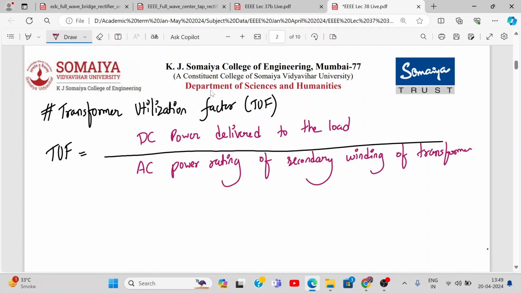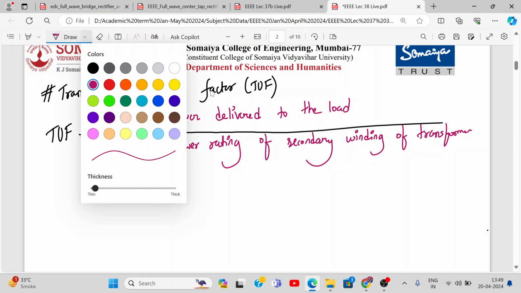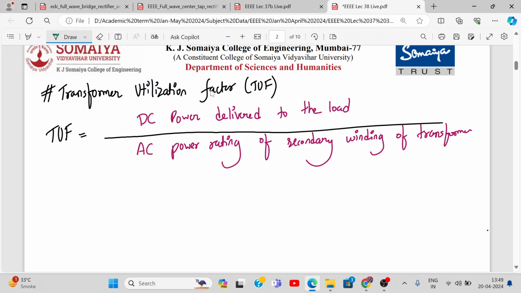All right. So tell me, in all the types of loads, what is the amount of DC power obtained at the output, or DC power delivered to the load? It's actually called PDC. It is DC power delivered to the load.